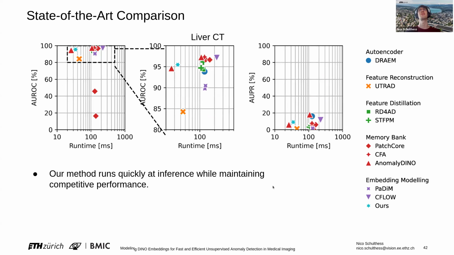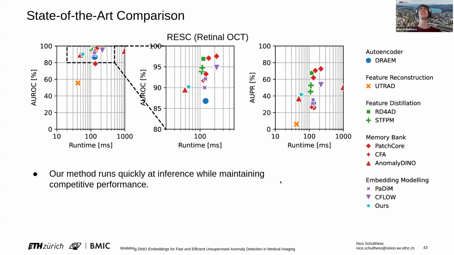So for example, for the liver CT data set, AnomalyDINO performs a bit better than PatchCore. And for the retinal OCT data set, PatchCore, which is up here, outperforms AnomalyDINO.